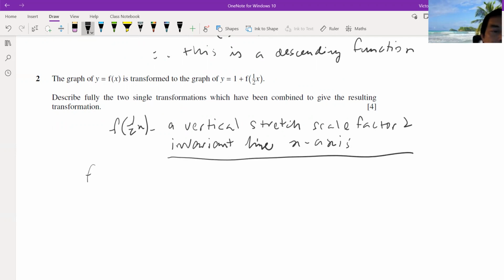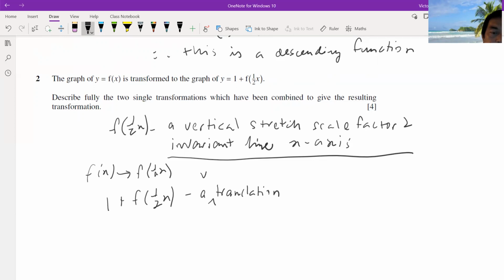It's the fact that f(x) to f(1 over a x) is a stretch. Okay, 1 plus f(half x) is a vertical translation by plus 1.